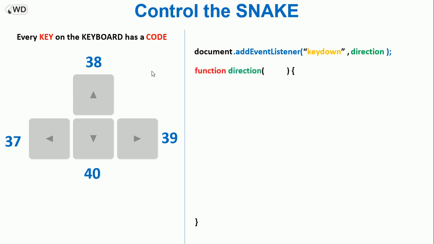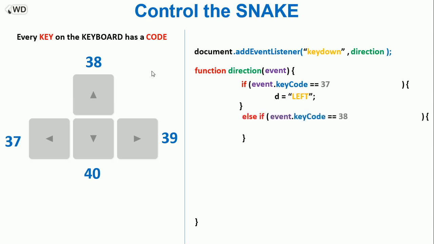The function direction gets an event as a parameter. This event has a property keyCode. The keyCode property returns the code of the key pressed by the player. So if this code is 37, it means the direction is left, or the key pressed is left. If it's 38, the direction is up, and so on.